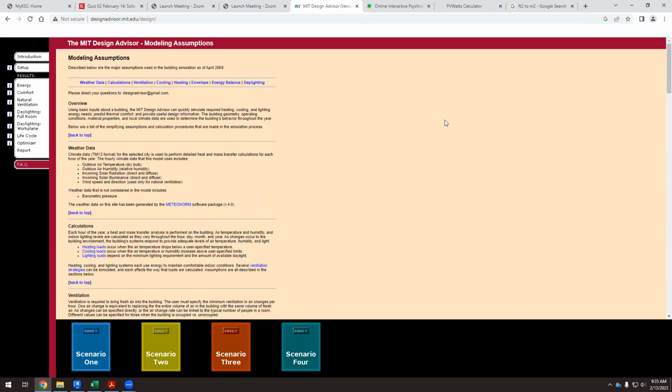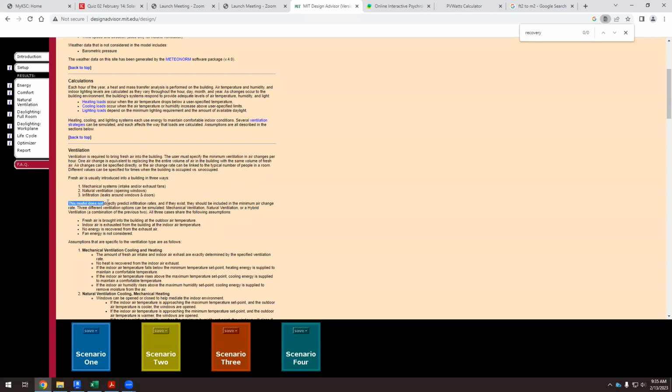Okay, so here: weather data, ventilation, the changes per hour, which is equivalent to replacing fresh air.